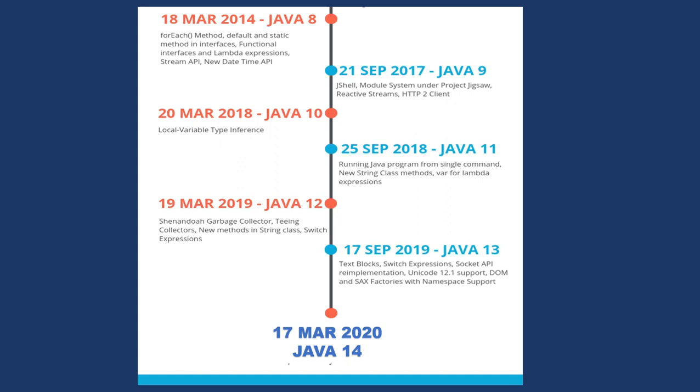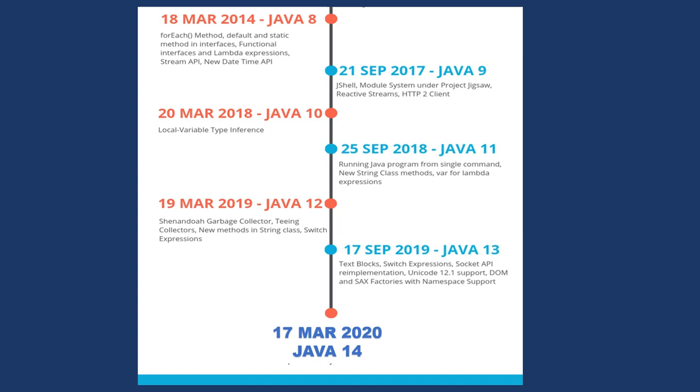After that, in March 2018, Java 10 was released. In that, an important feature, local variable type inference, was introduced, which plays a very important role in writing bigger projects.